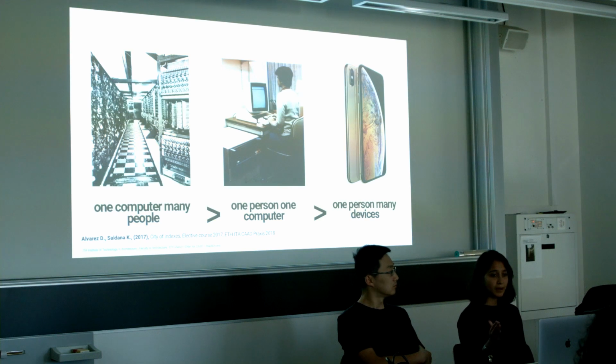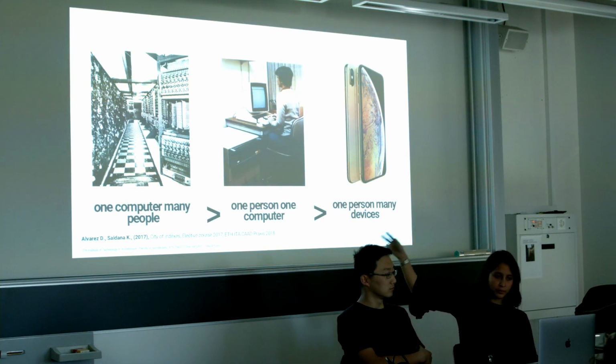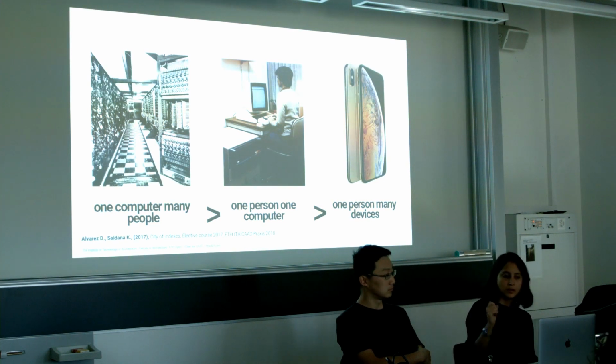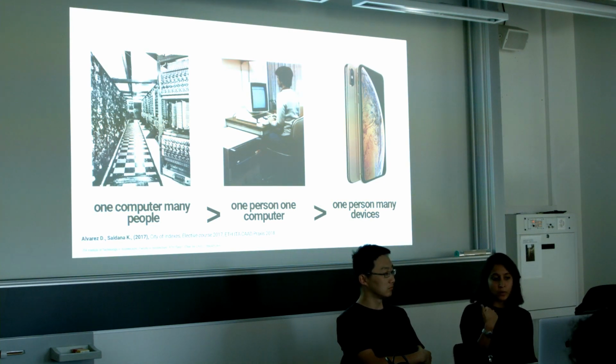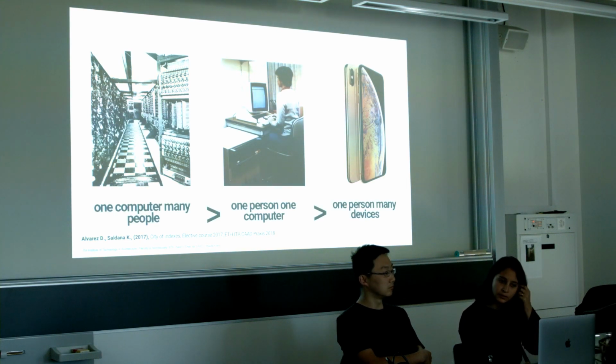So if we look back at the history of computation, we have gone through a wild movement of decentralization, from mono-functional machines to a world of applications. We have gone from one computer, many people in 1943, to one person, one computer in 1974. And today we have reached a radical inversion with one person, many devices.